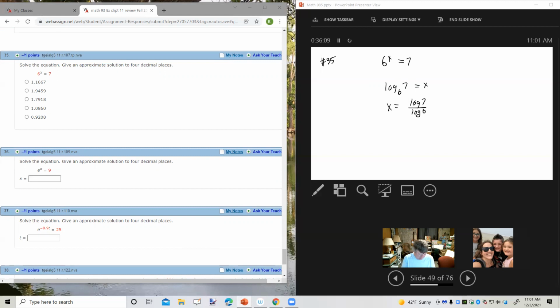So log of 7 divided by log of 6, I get 1.08603. To 4 decimal places, the 3 would round down, so you get 1.0860, which is that one.